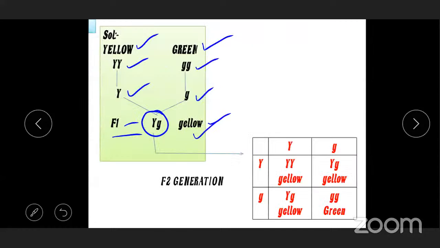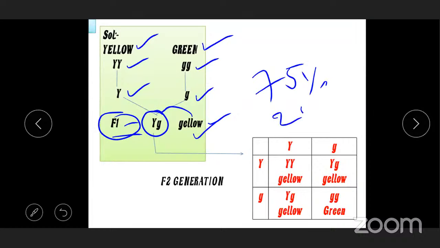If the F1 plant is self-pollinated, then 75% yellow and 25% green are produced in the F2 generation. How is it possible?